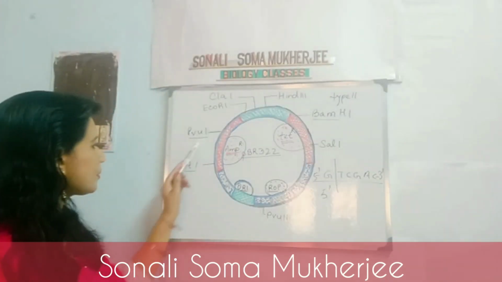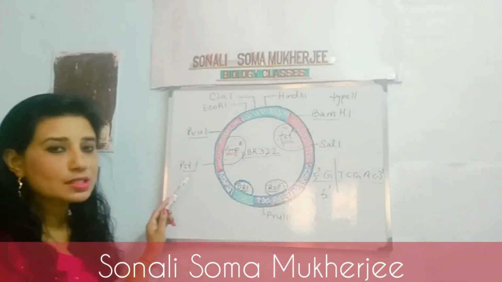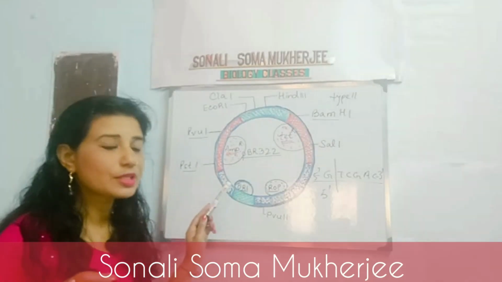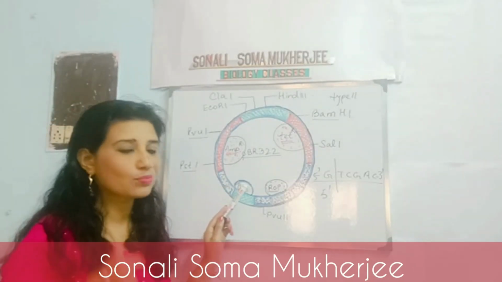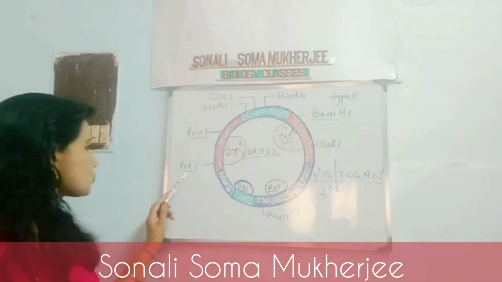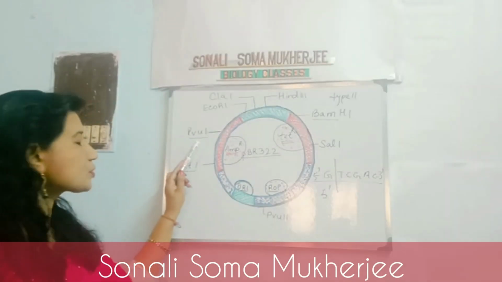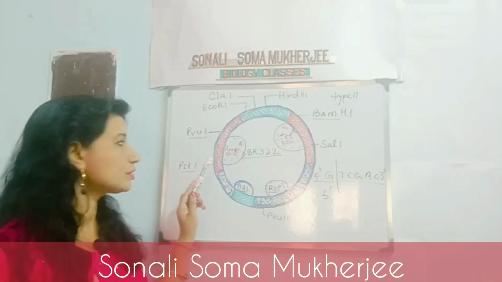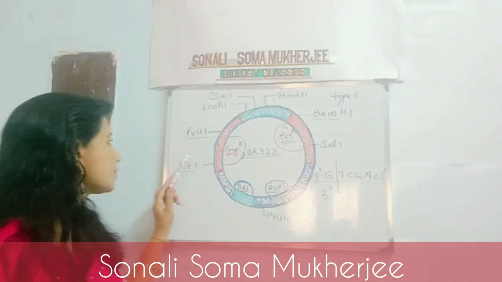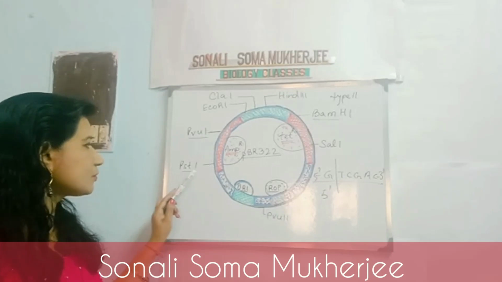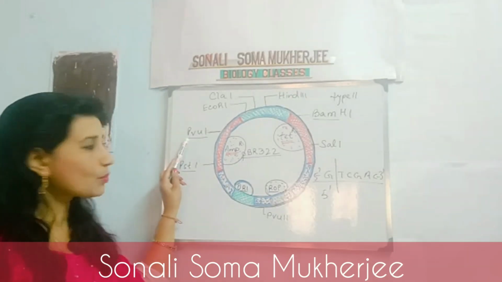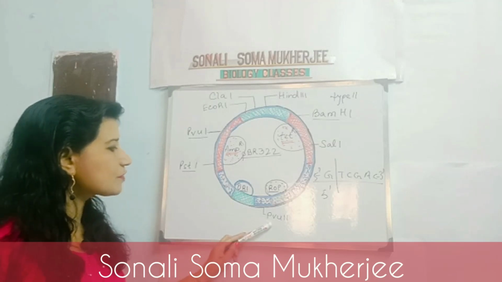In this part you can see PST1. PST1 is actually Providencia stuartii, the strain is 1. So Providencia stuartii, and PVU1 is Proteus vulgaris. These are names of the bacteria from where it has been isolated. So Providencia stuartii 1, here it is Proteus vulgaris 1 and here again Proteus vulgaris 2.